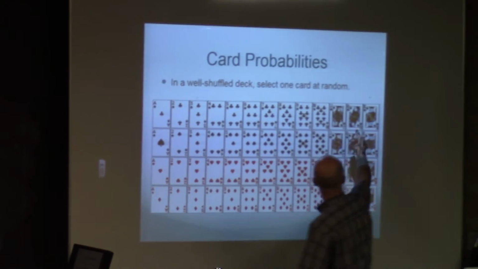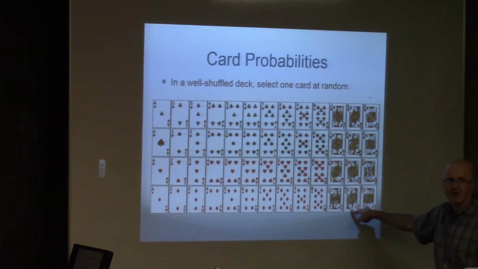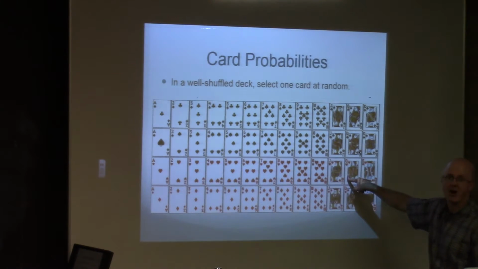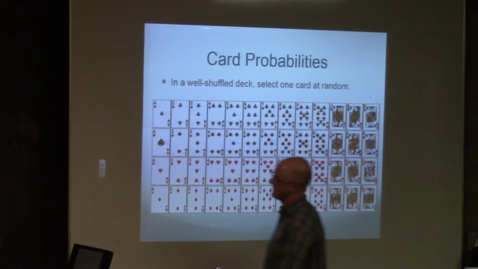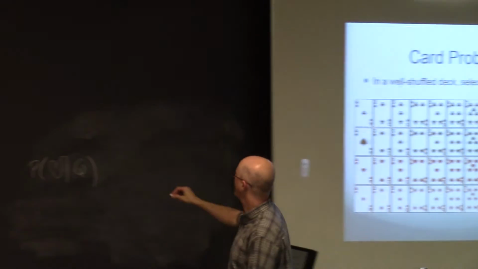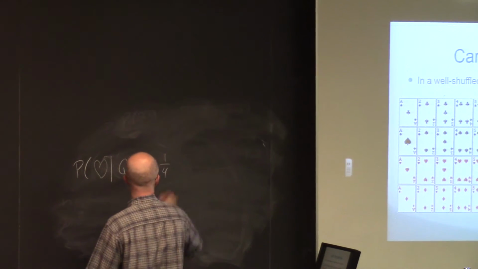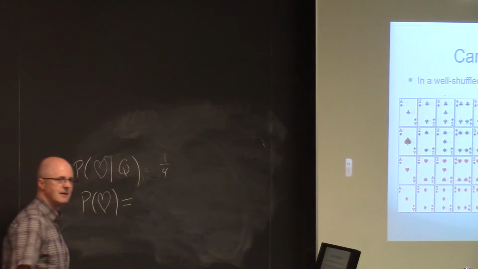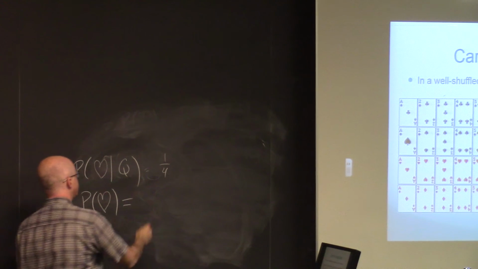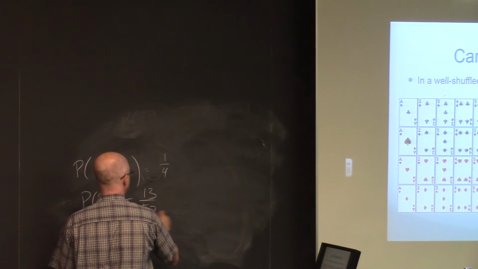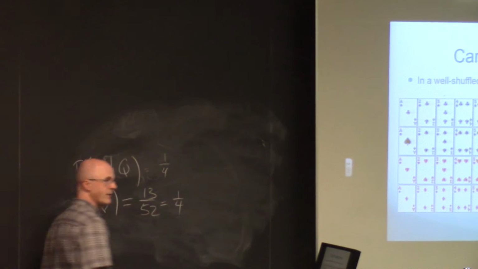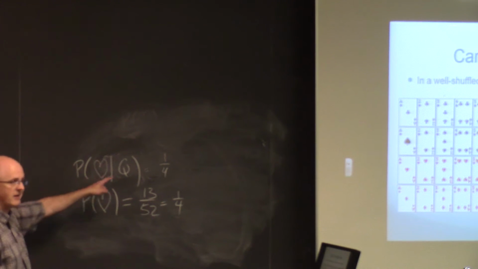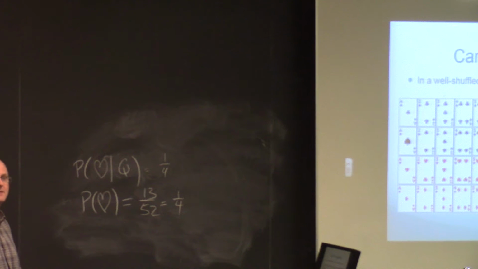It's got to be one of these 4 possibilities. Only one of those 4 is a heart. So when you know it's a queen, you got a 1 in 4 probability that it's a heart. But that's the same as the ordinary probability of getting a heart. There are 13 hearts out of 52 cards total, but 13 52nds is the same as 1/4. Getting a heart and getting a queen are independent.